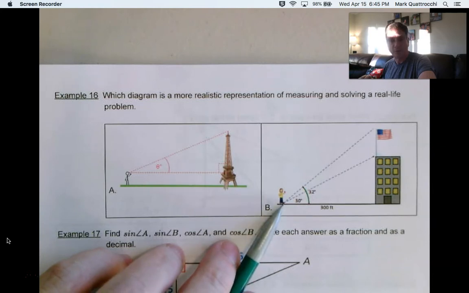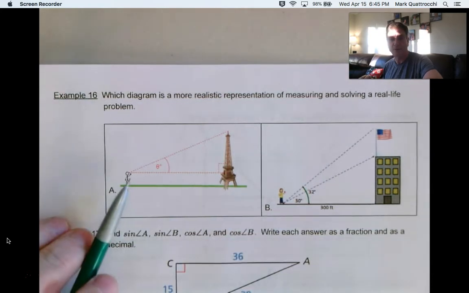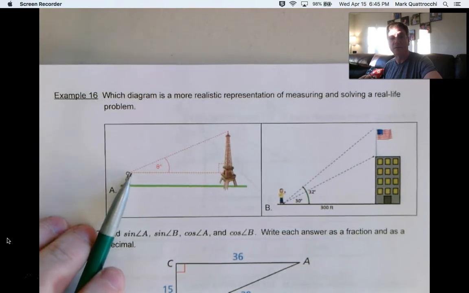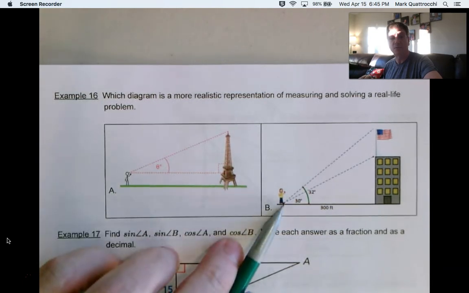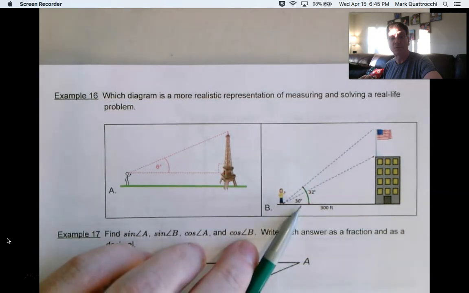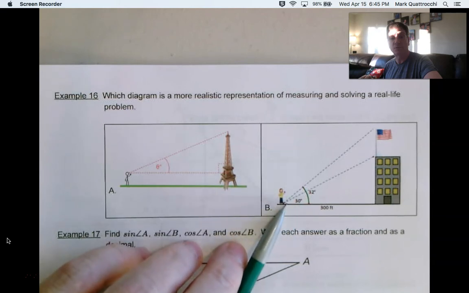We don't measure things with our toes. We measure things with our eyes. We measure things from our eyes because that's what we can see from. We don't see out of our toes. Although this is a typical book problem, and we're probably going to see this again in a future problem down the line, we don't measure things from our feet.